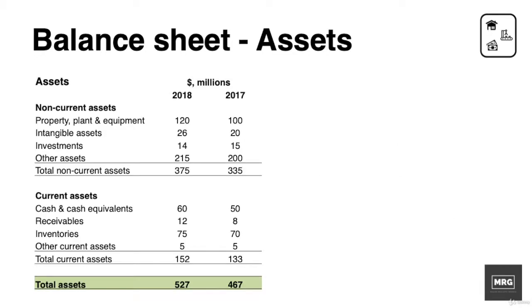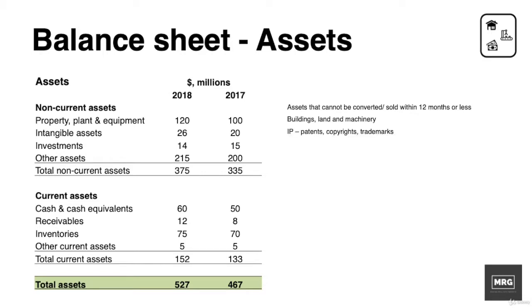Starting off with the assets on the balance sheet. So typically you will look at a year-on-year comparison. So we have spoken about non-current assets being assets that cannot be converted or sold within 12 months or less. So you typically have property, plant, and equipment as an asset because as a company, if you own the building or if you own the land, these are basically the property that the company owns.